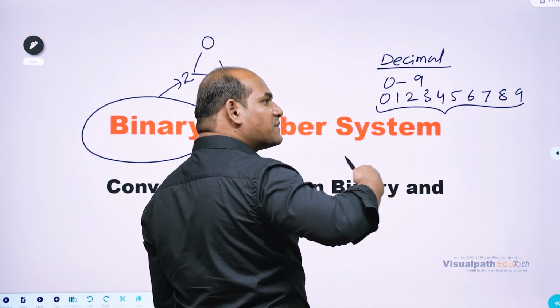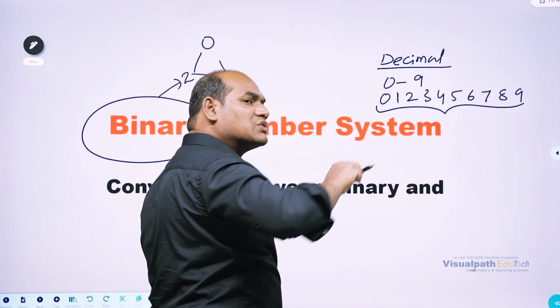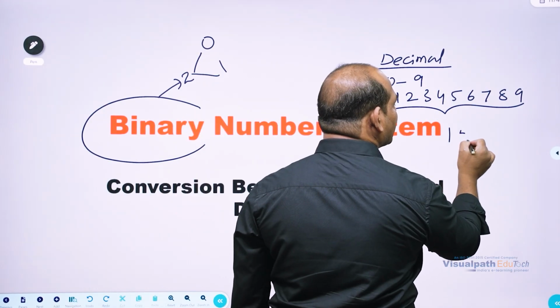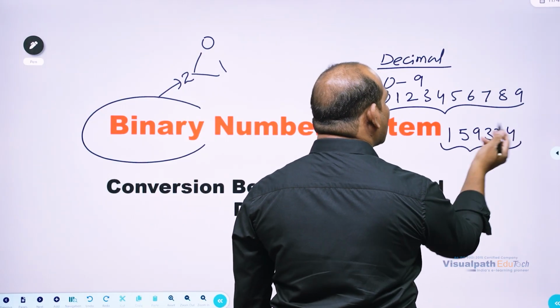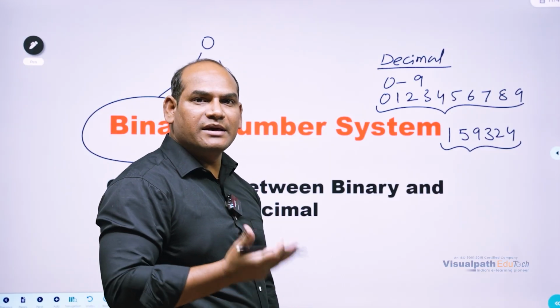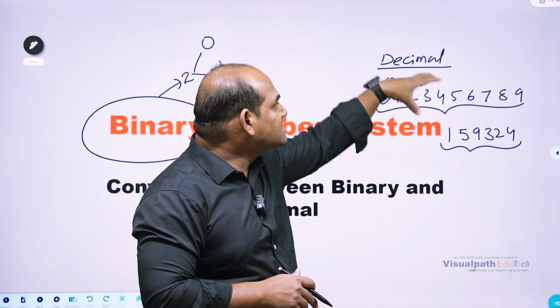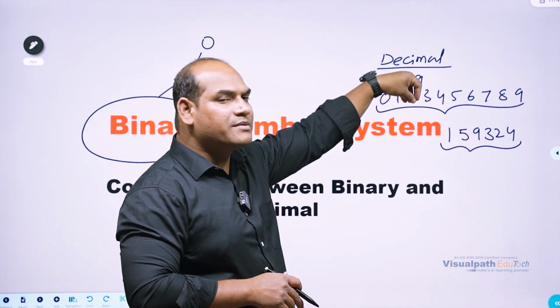And if you want to represent any other number, we need to take from this set of 10 symbols only. For example, 1,59,324: all these symbols are available in this particular set of 10 symbols only. So, to represent any number, we are using 10 symbols. That's why it comes under the decimal number system. In our daily life, we are using this decimal number system only.